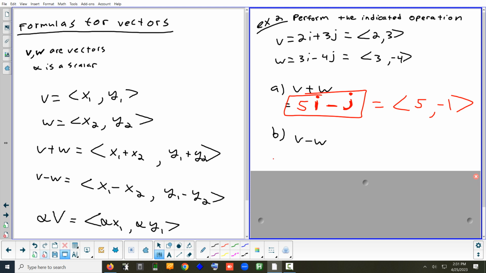So 2i minus 3i, we got negative i. And what about the vertical component? That's going to be the number with the j. 7j. Yep, it's 3 minus 4, so it becomes 3 plus 4. So 7j. And if they asked us to write it with the angle brackets instead, Curtis, what would I put there? Negative 1, 7. Yep, negative 1, 7. Good.